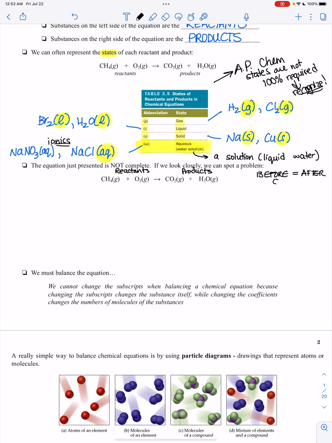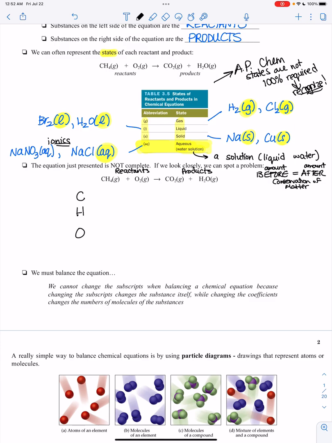That's from conservation of matter. What I mean is that the amount before must equal the amount after. So let's see if we have that in this case. We have carbon, hydrogen, and oxygen.